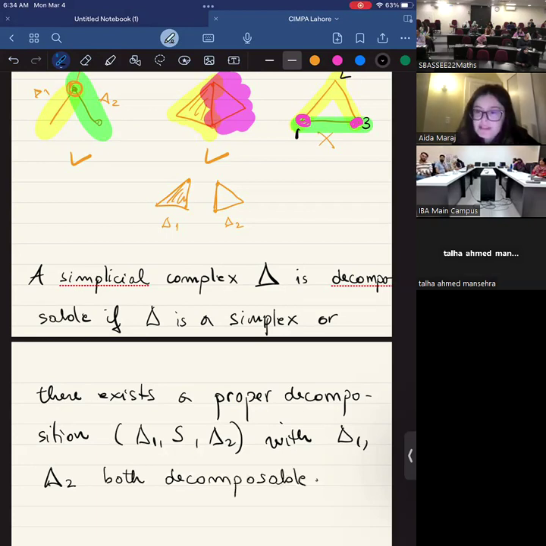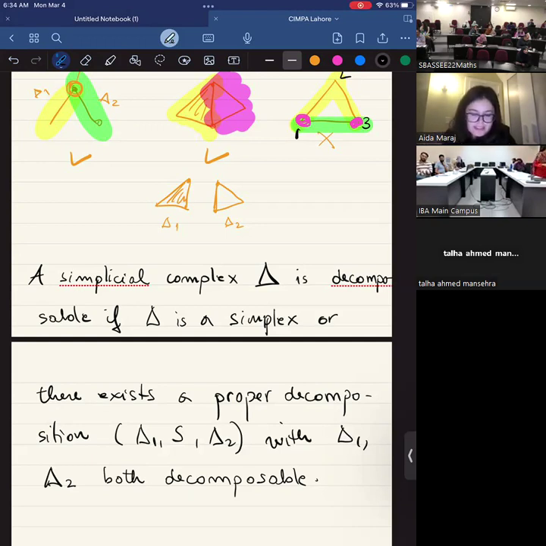In other words, we did the decomposition and we take delta 1, we can decompose it again, either delta 1 is a simplex, or we can decompose it again and again and again till we end up with pieces of simplices, and the same for delta 2.